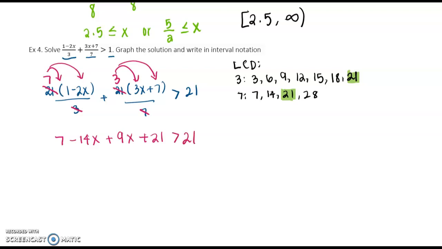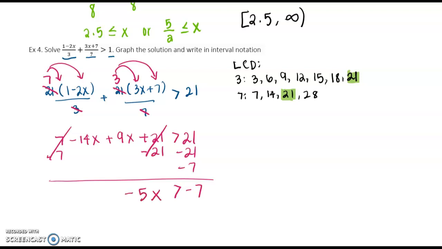All right, and then remember we're trying to isolate the x, so I'm going to go ahead and move all the numbers, 21 and 7. These will cancel out. And then 21 minus 21, that just cancels out. So all we're left with is negative 7. And then we're going to go ahead and add negative 14 plus 9. That gives you negative 5x.